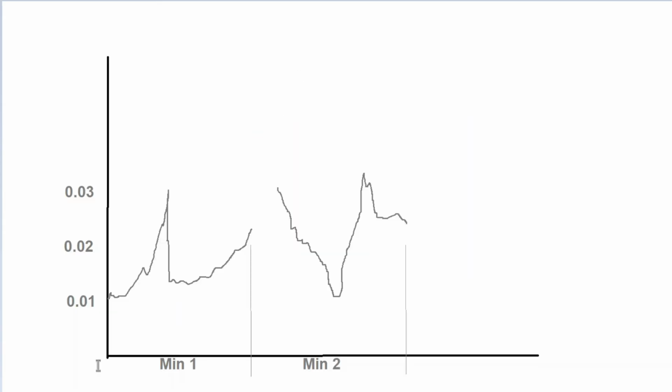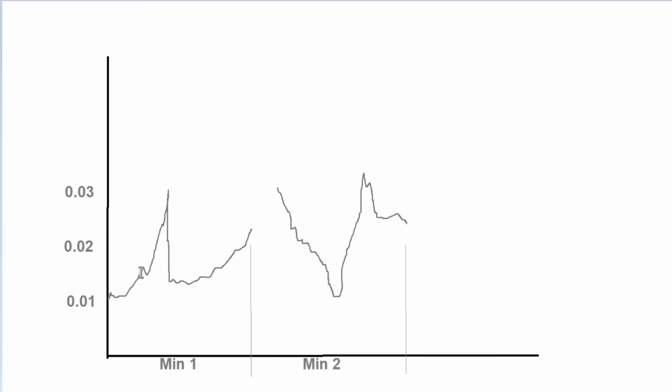Let's say that this describes more of the trading detail for 2 different minutes in the trading day, without regard to volume, just the price of a single share of stock over minute 1 and minute 2. In minute 1, it started at around a cent and crawled along horizontally.